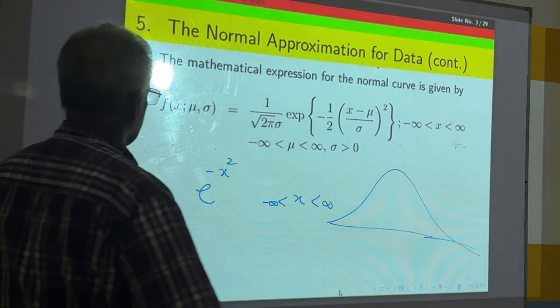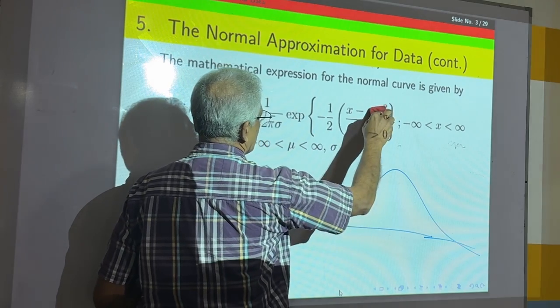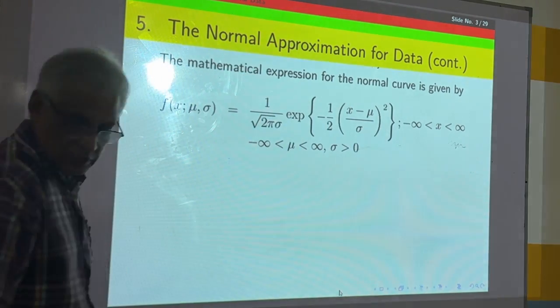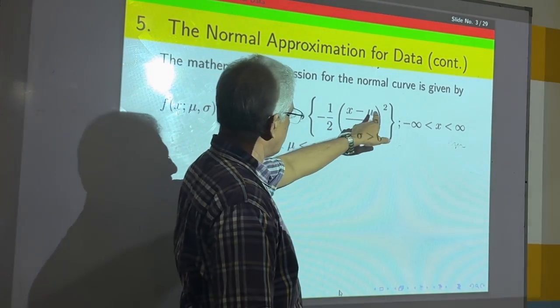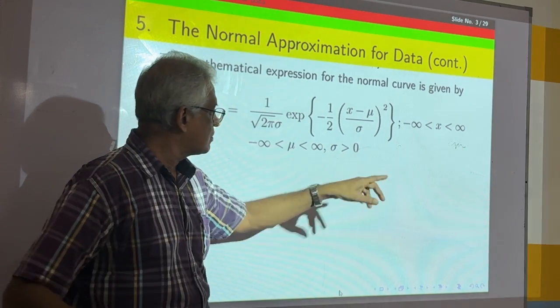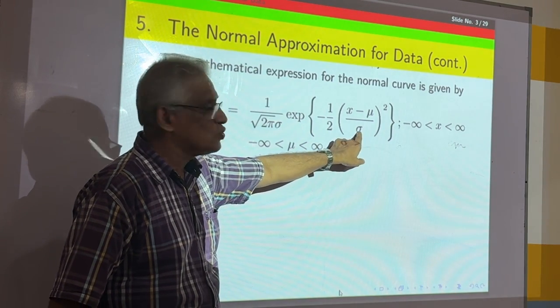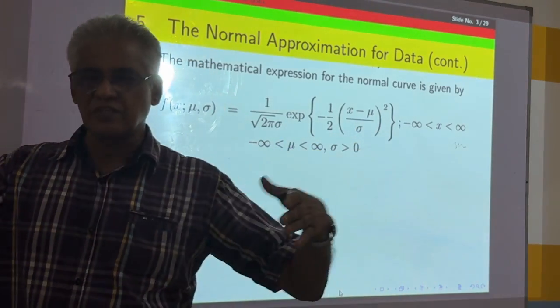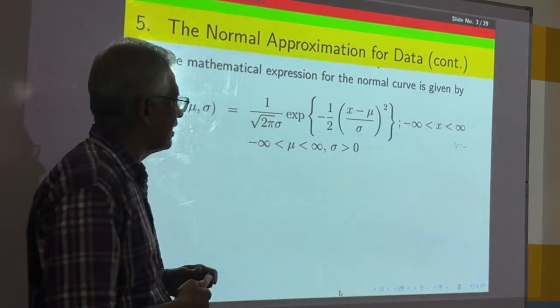So what is actually happening here is, because of this value here and this value here, it is going to be symmetric around this value, and its spread is going to be controlled by this value. This is called the location, because it is symmetric around that value.